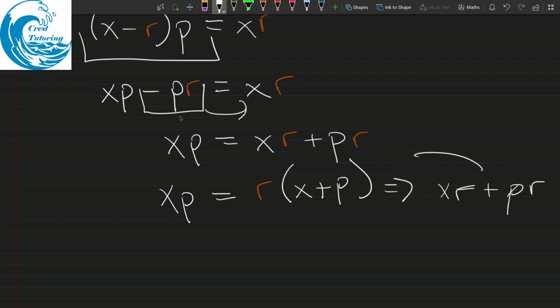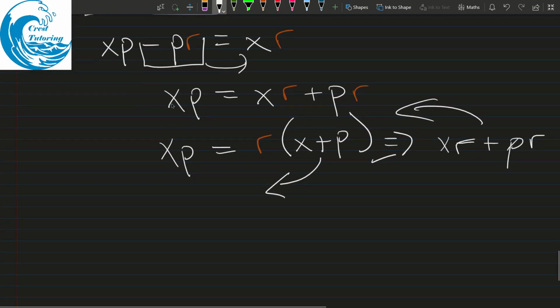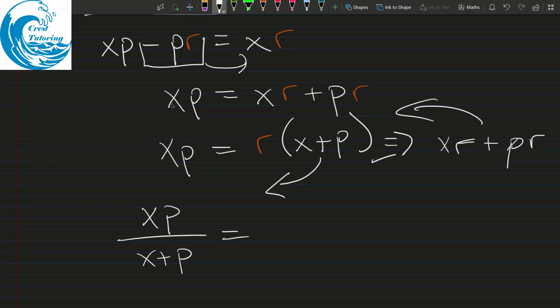Okay, which is obviously exactly the same as up there. So we know that that's right. And then what we can do is we can bring that bracket across. So we have xp all over x plus p, and that all equals r. And then that is our final answer.